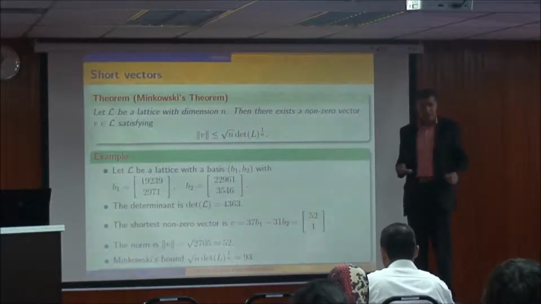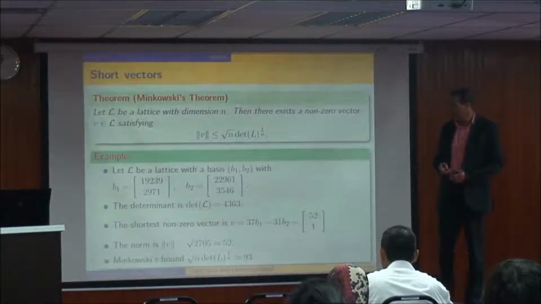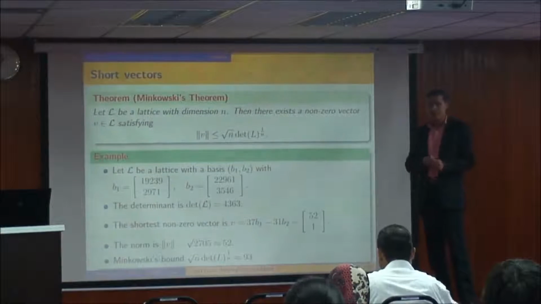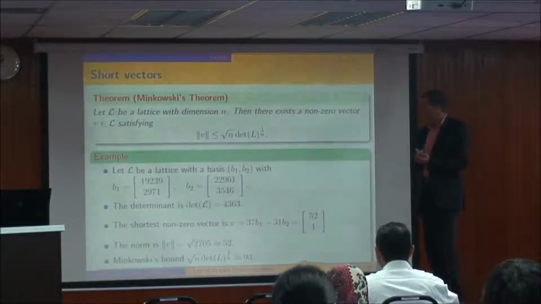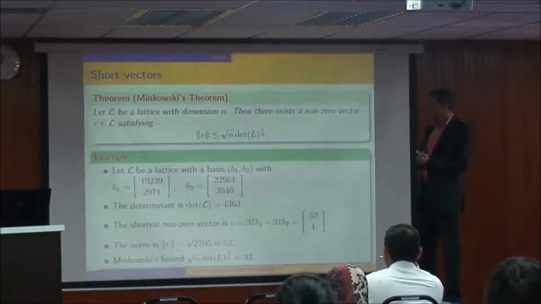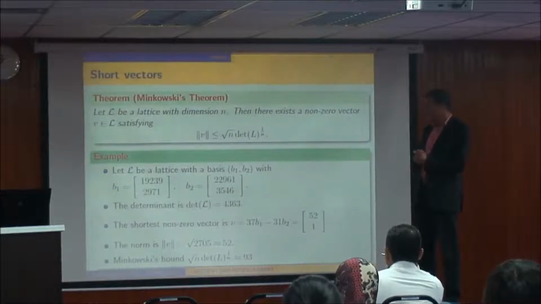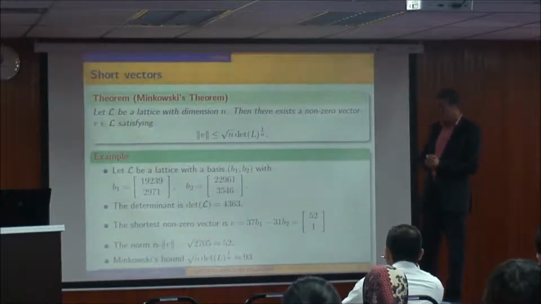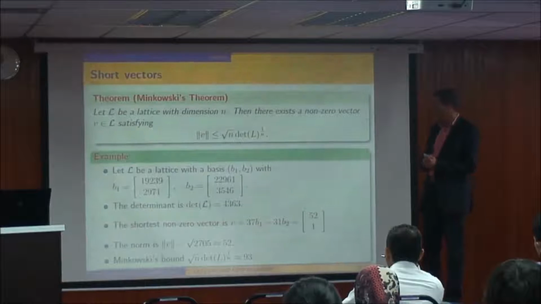So this is a theorem, but only a theoretical result. There is no way to make it practical for determining the shortest vector. The shortest vector exists in every lattice, but it's very hard to find.